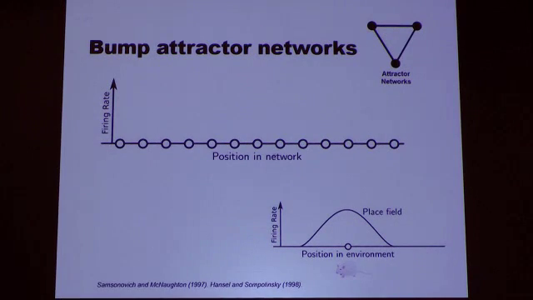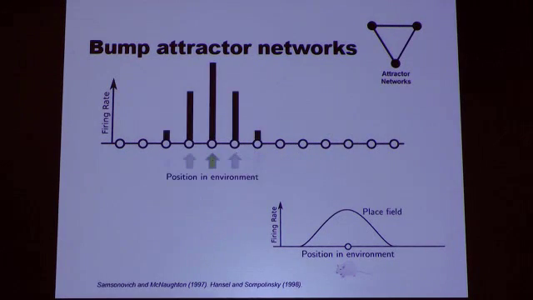And we can line up these cells within the network according to their place field centers, and then apply a feed-forward stimulus to this network corresponding to a given position in space. So in this case, we get a bump in firing rates where the neurons with place field centers closest to the center of this positional input fire the most.